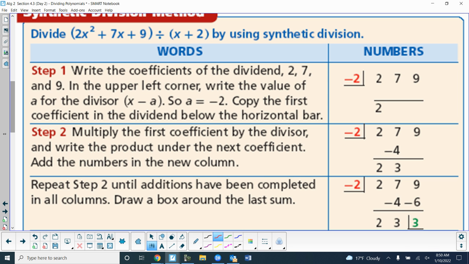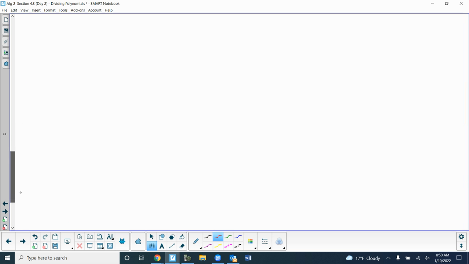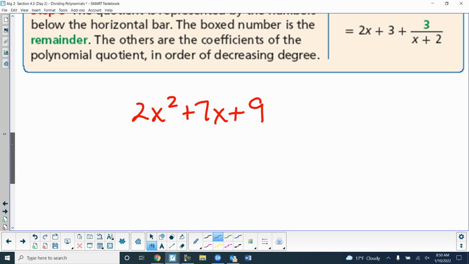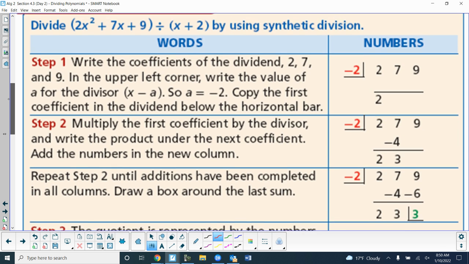So here's a division problem. You can see up there at the top, 2x squared plus 7x plus 9 divided by x plus 2. Okay? So I'm just going to rewrite it here. 2x squared plus 7x plus 9. Well, we're dividing by x plus 2.